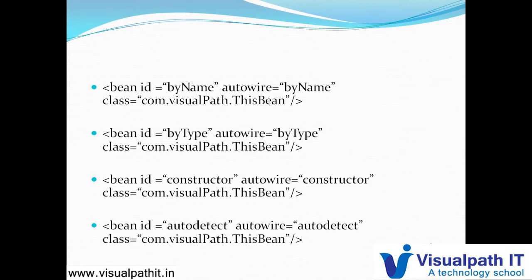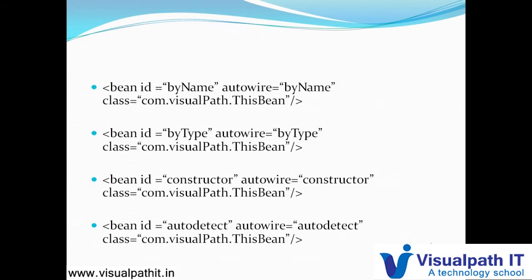For constructor, if there is no bean that matches the constructor argument, then an UnsatisfiedDependencyException will be thrown. Otherwise, it will match the parameters of one of the constructors of the bean.